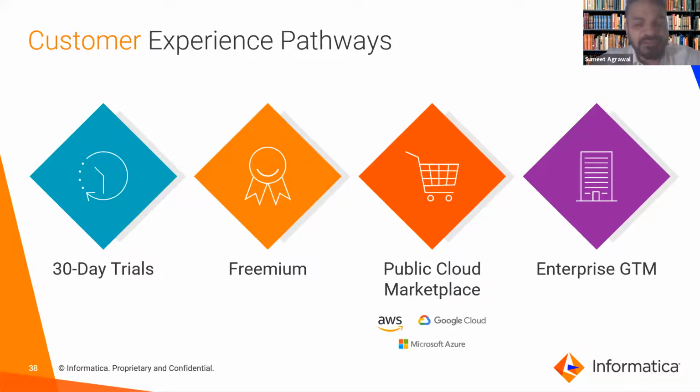We are also available in all the public cloud marketplaces, whether it's AWS, Azure, or Google Cloud. So we are fully available there. So if you want to burn down your commits with all these cloud vendors, you can use that from there. And then you can also contact our sales team, and you can access our software through our sales team. So these are the different ways by which you can get access to our IICS platform.